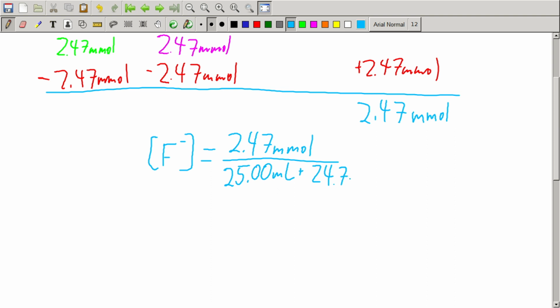I said, thank you, 24.5. Again, that small discrepancy wouldn't make a huge difference here in the molarity, maybe a tiny one.